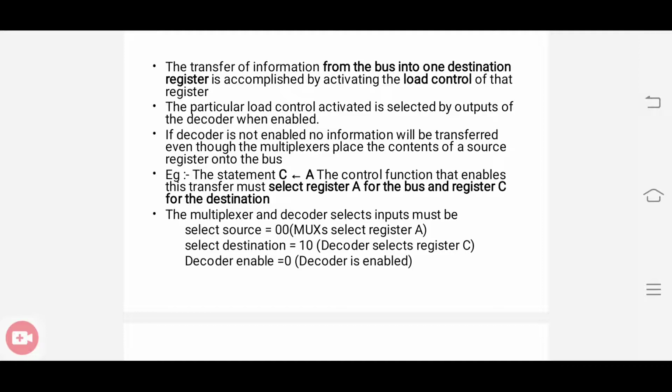If A is the source register, the mux can select content from A and place it into the bus. If B is the destination register, first this destination decoder must be enabled to select register B. If it is not enabled, content of A cannot be transferred into B.